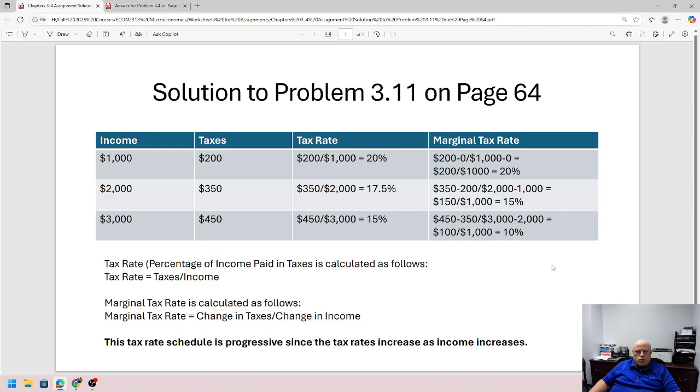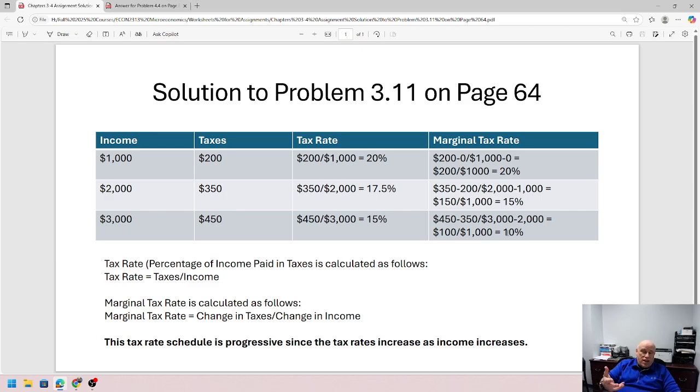And then on this last one, it will be, again, what our taxes are now, 450, minus what they were with the previous income. So it would be 450 minus 350, which is $100, over $3,000 income now minus the $2,000 before. So it's $100 over $1,000, which is 10%. Okay, so that's how that's calculated.